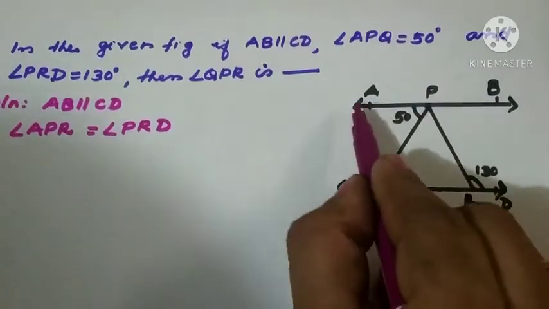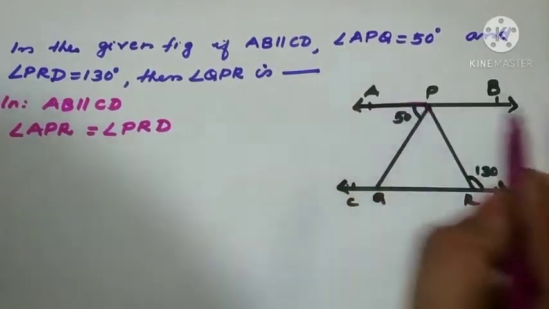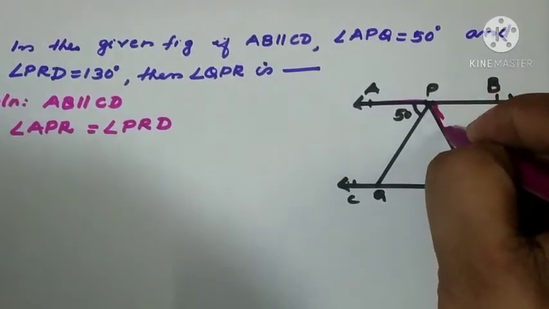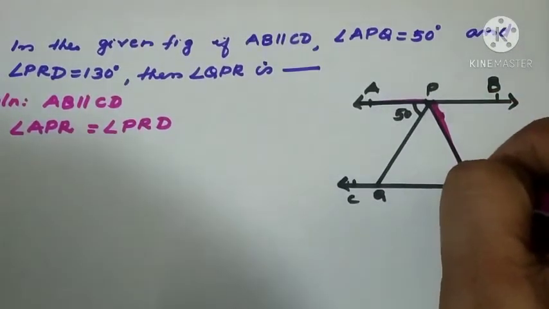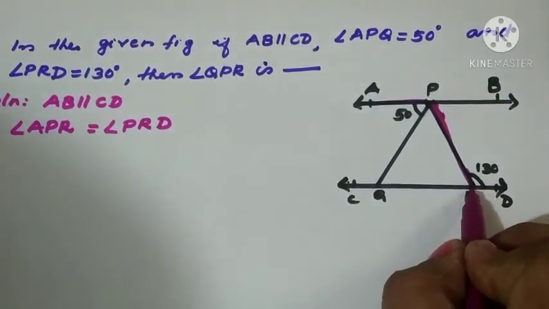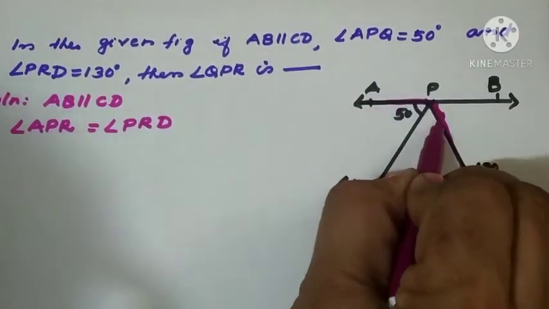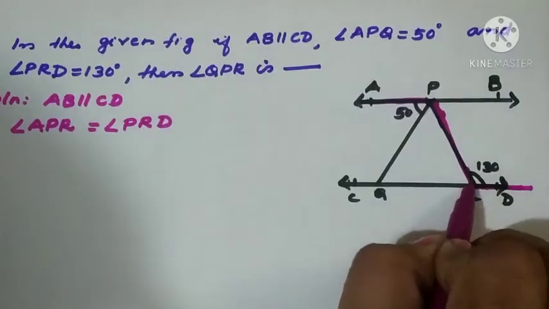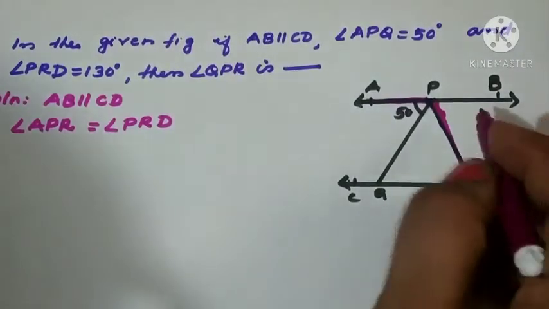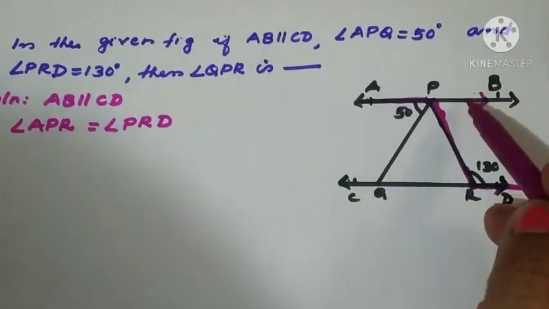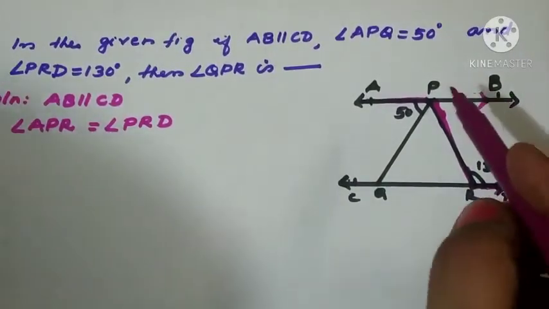See, angle APR is starting here. Next PRD. Now you only tell me which shape it is coming. It is almost similar to Z only. Already AB parallel to CD. These 2 lines are parallel, right?